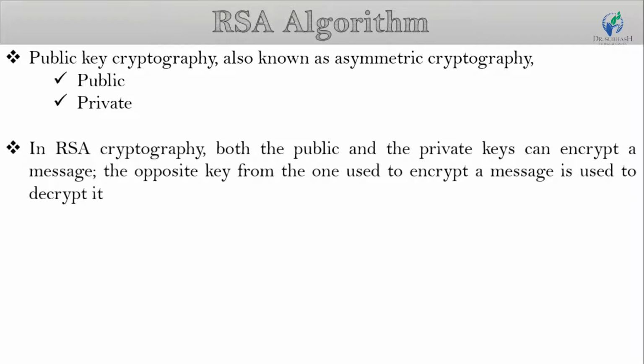In RSA cryptography, both the public and private key can encrypt a message, or we can say the opposite key from the one used to encrypt a message is used to decrypt it. This attribute is one reason why RSA has become the most widely used asymmetric algorithm.